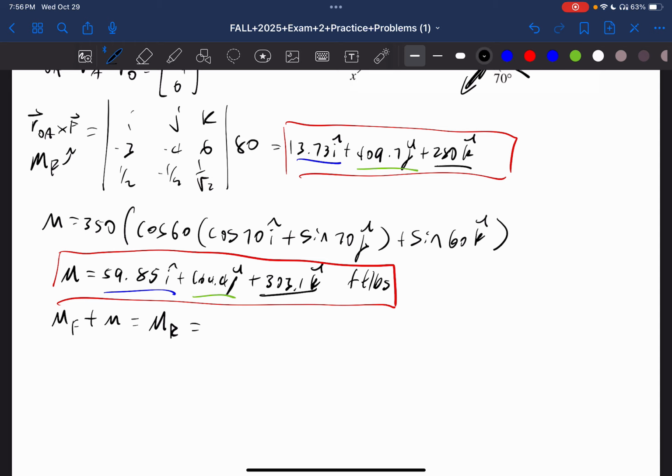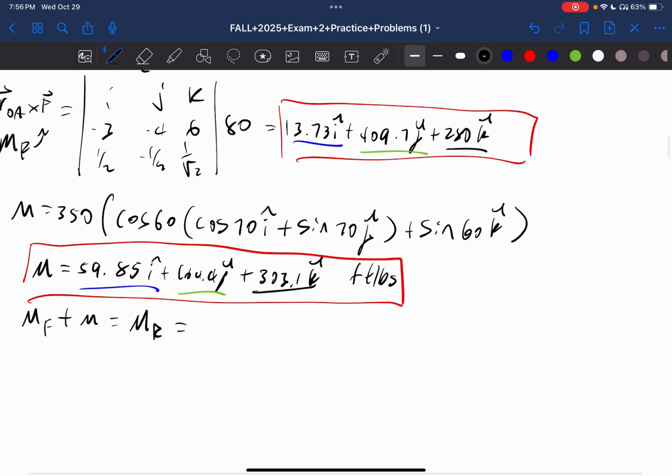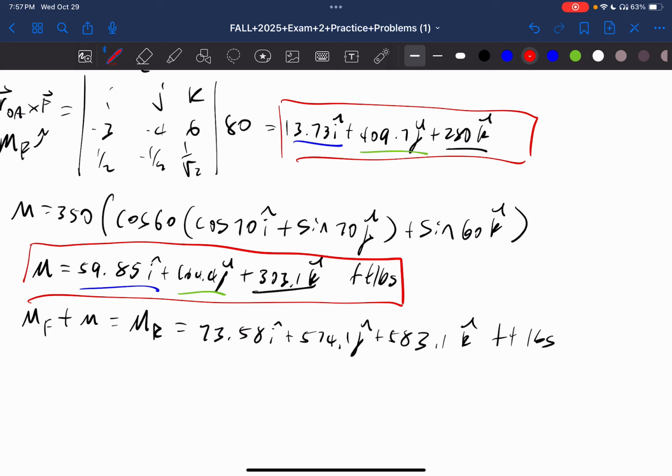Pretty simple, right? Add that up, and then you're going to get the resultant moment, which is going to be equal to 73.58 i plus 574.1 j plus 583.1 k feet pounds. So now we have a resultant moment.